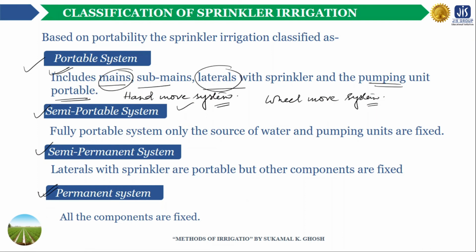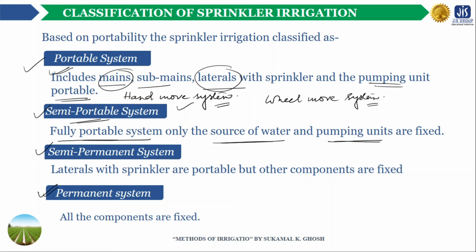Now a semi-portable system is similar to a fully portable system, except that the location of the source of water and the pumping units are fixed. As such, this system may be used on more than one agricultural field where there are extended main pipelines or additional pumping units.